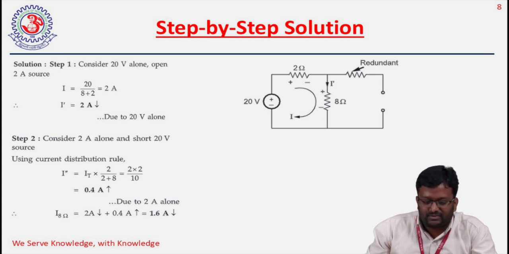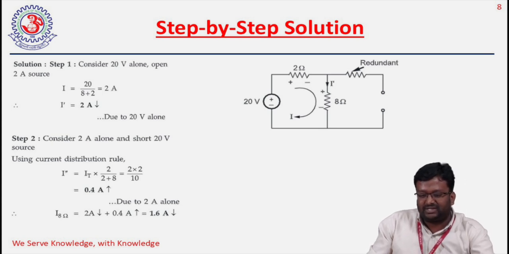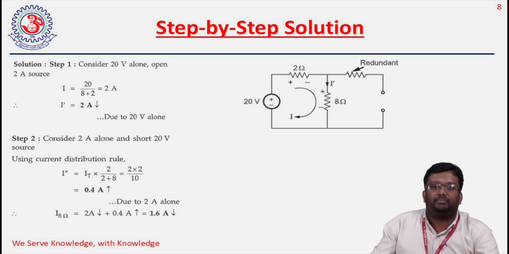So this is the formula we use for the current flowing through the 8 ohm resistor, called the current division rule. IT we know is 2, and the opposite resistance is 2 ohms, divided by the total resistance 2 plus 8, so 4 divided by 10, and finally we get 0.4 amps.